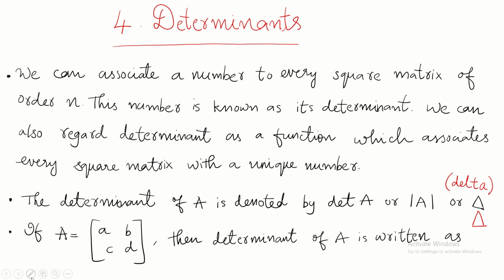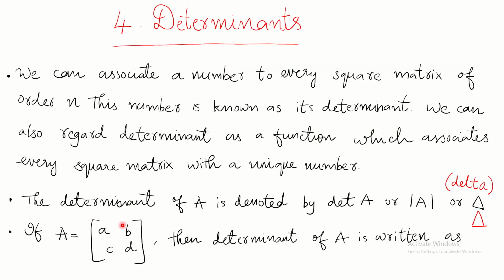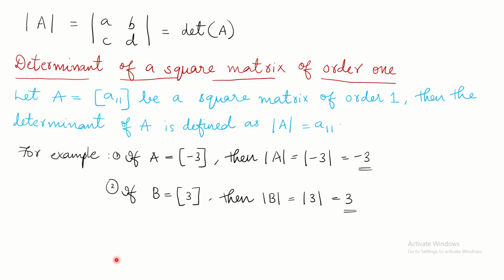In the next line, if matrix A is equal to [a b; c d], then the determinant of A is written like this. You have to write A with vertical lines. That is, the square brackets are removed, and in place of the square brackets you write two vertical lines.